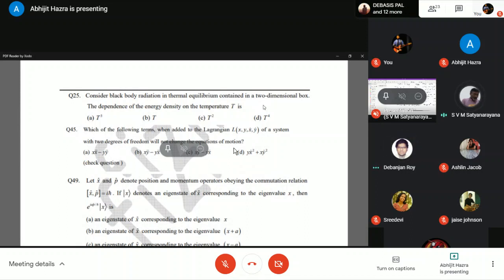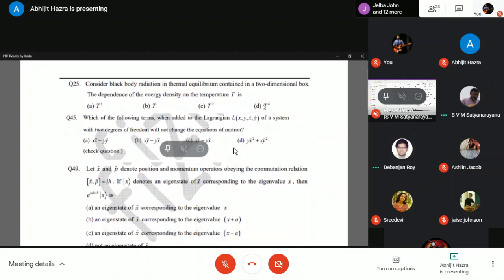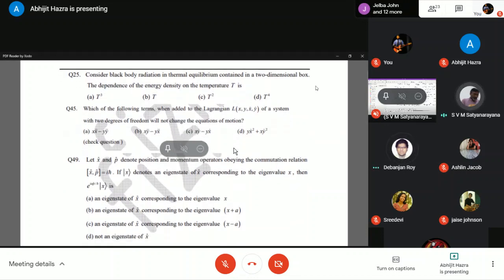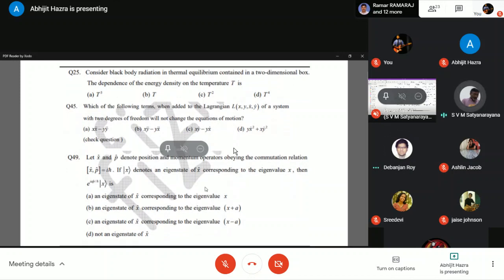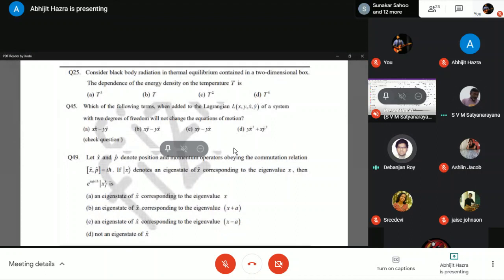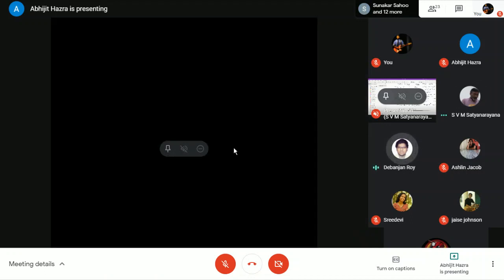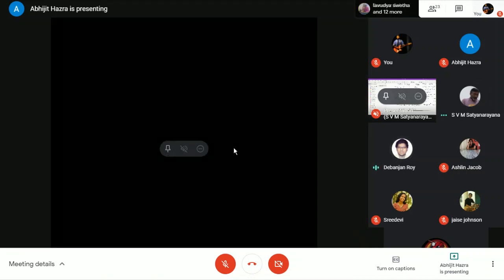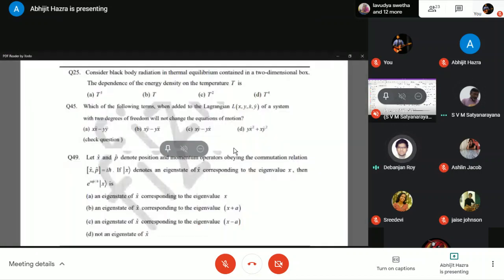Why D by S plus 1? So D is the dimension, and S is such that for blackbody radiation, which is a photon gas, the dispersion relation is E equal to pc, so E is proportional to p to the power 1.